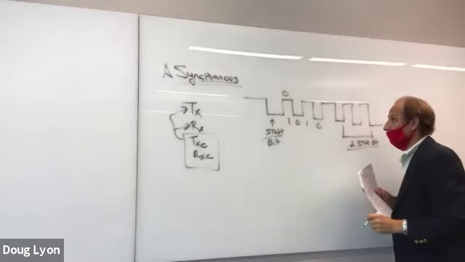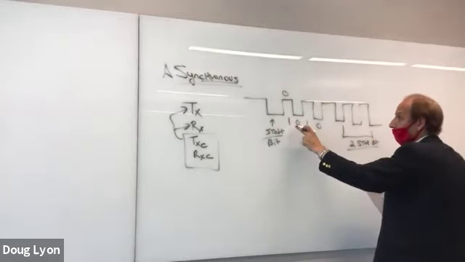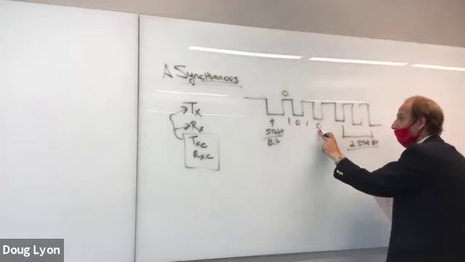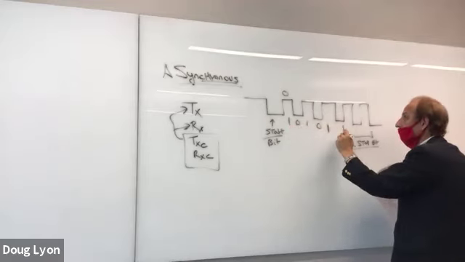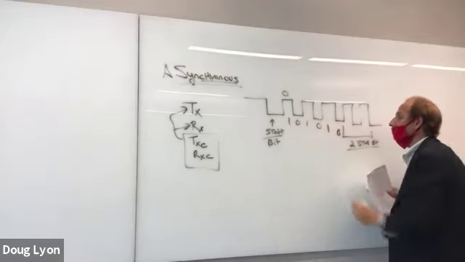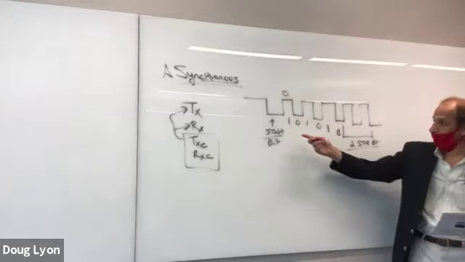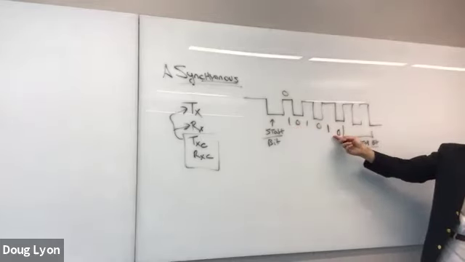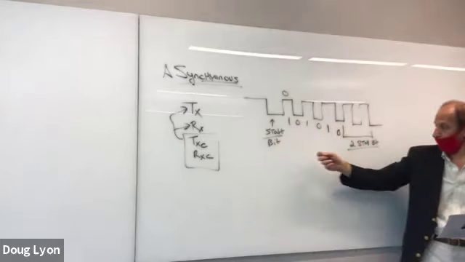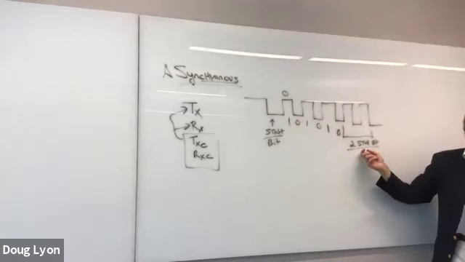As the 2 stop bits come in, it's 1, 0, 1, 0, 1, 0. So this is your payload. The start bit and the 2 stop bits are your framing bits and your synchronizing bits.